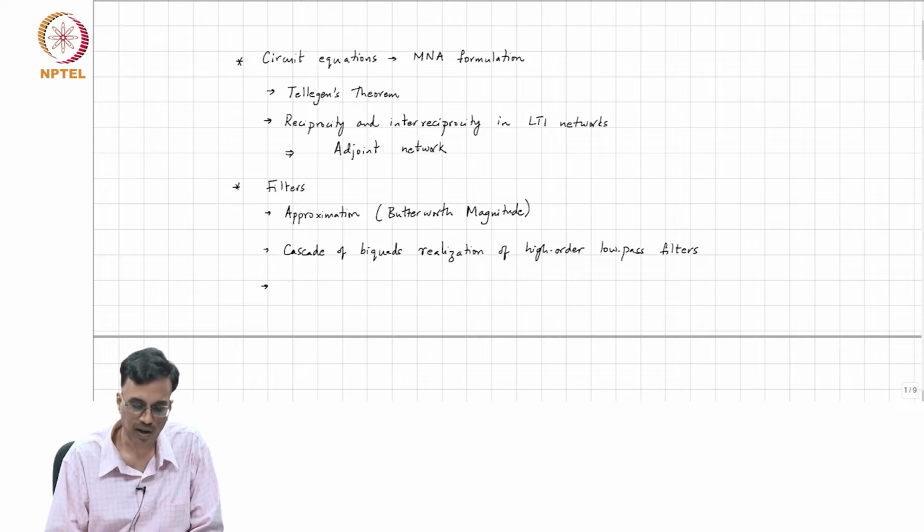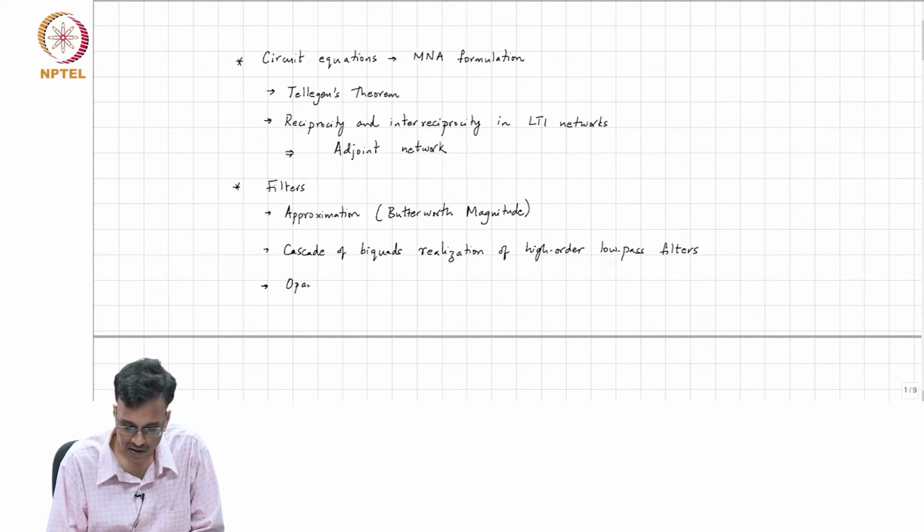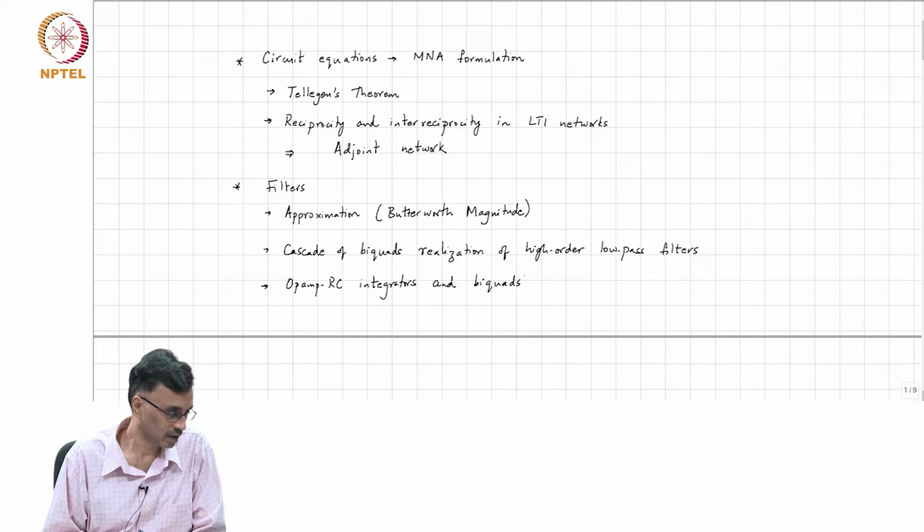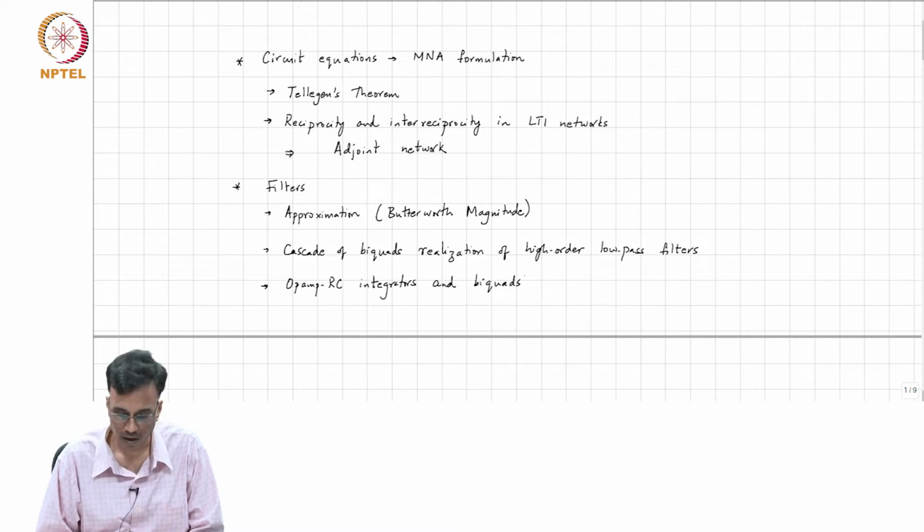Once we did that, we tried to figure out how to realize a biquad using op-amp RC or active RC integrators and biquads. The op-amp RC integrator is a very versatile and useful building block.